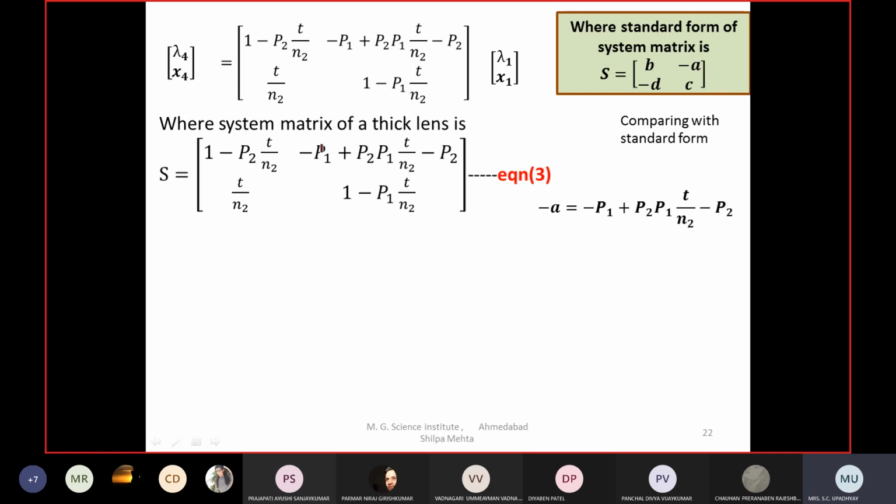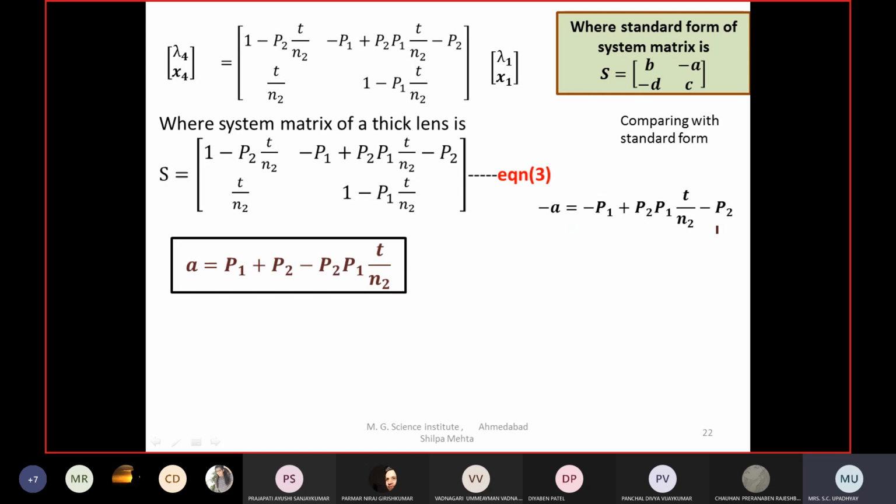Minus A is equal to minus P1 plus P2 into P1 T upon N2 minus P2. So if this is negative, if we multiply this equation by minus 1, we get the value of A, and A can now be represented by P1 plus P2 minus P2 P1 T upon N2. This is our equation of the A element. Now the second element.